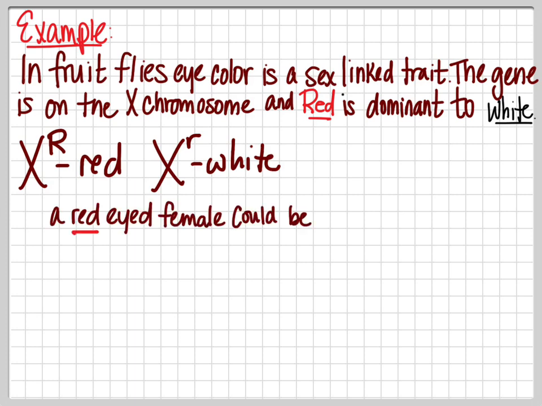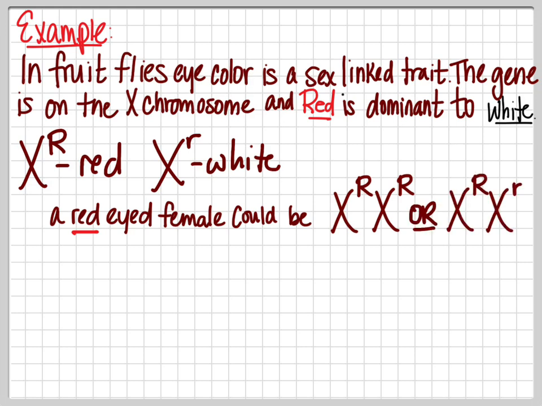Now, a red-eyed female could be X^R X^R, or she could be X^R X^r. Either one of those would get her a red-eyed phenotype.